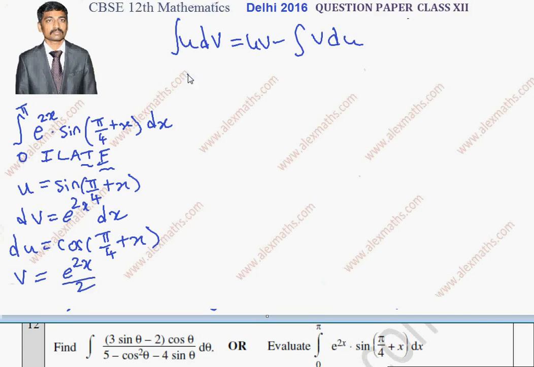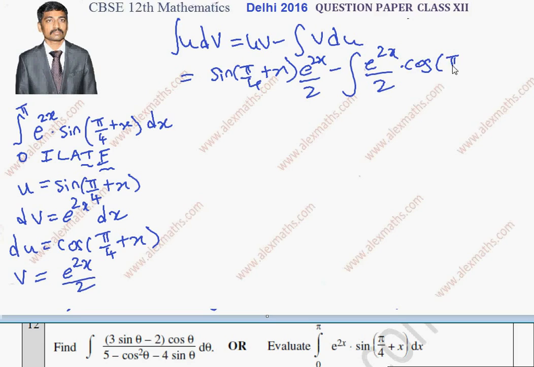So if you substitute u, which is sin of pi by 4 plus x, into v is e power 2x by 2, minus integral v is e power 2x by 2 into du, which is cos of pi by 4 plus x dx. Now again we have to do ILATE method for this. Now this is dv and this is u.